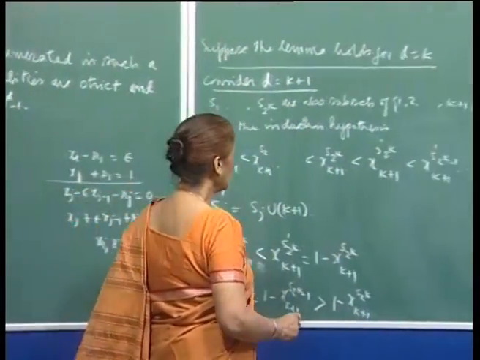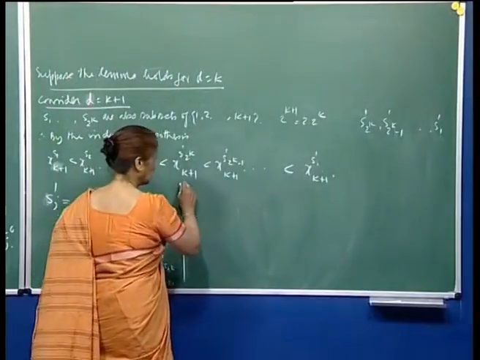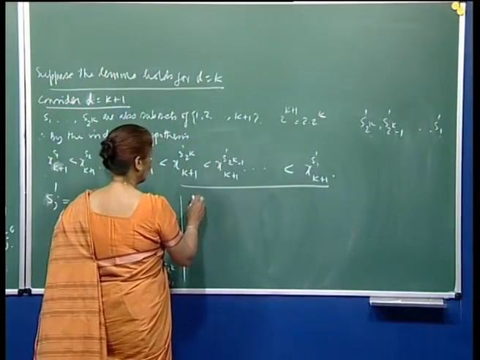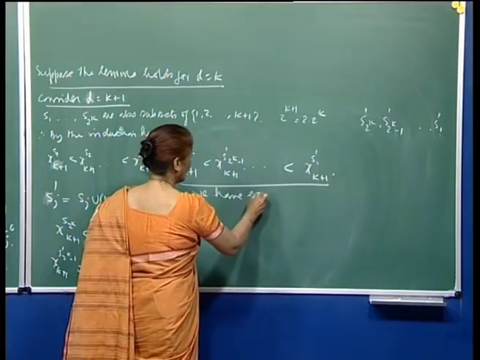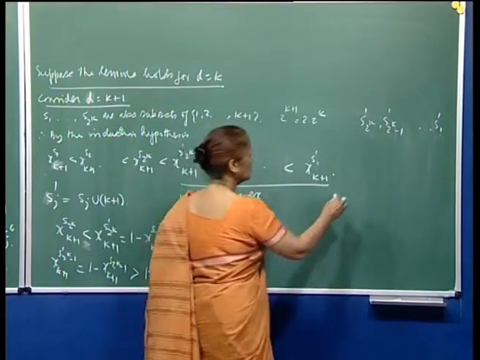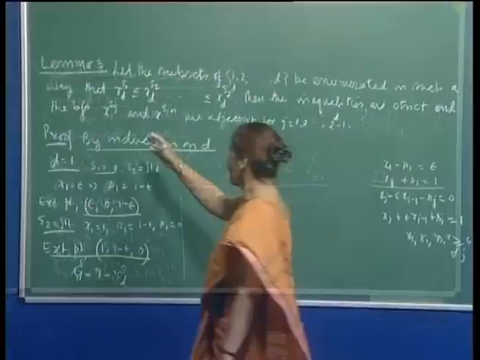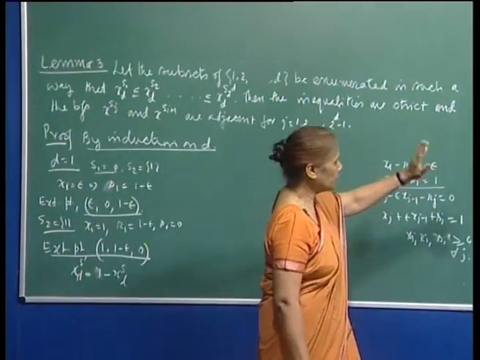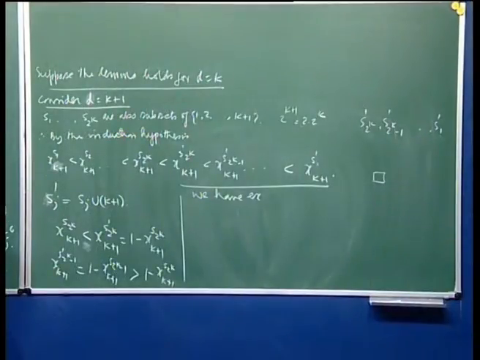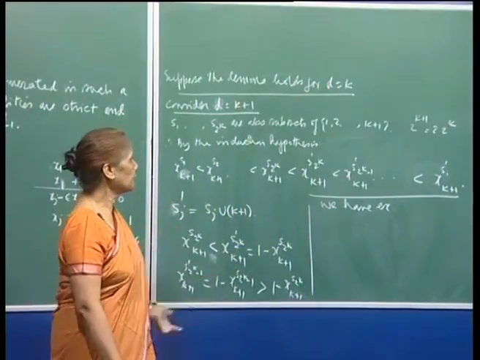That means what we have done is, we have exhibited, I mean, according to me, the proof of the lemma is over, because the adjacency part has already been shown. So, I needed really to show you that if the ordering of the subset is there for d equal to k, then it is there for d equal to k plus 1, and already I have shown you that you can order them for d equal to 1.